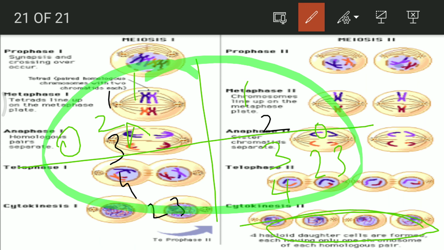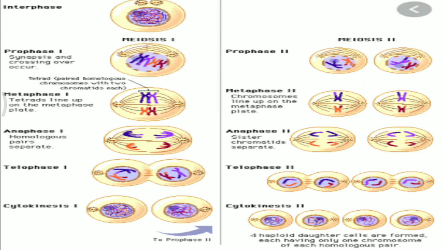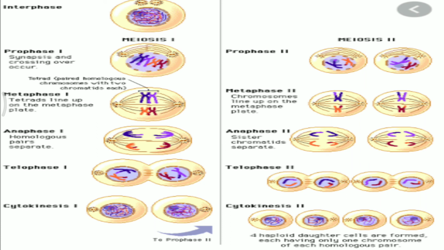Here it will be ending. Anyways, we'll be dealing with the metaphase part in the next video, but this is just a condensation of the entire thing which you all have to understand. You all need to go through the textbook once in order to understand it a little better, and if there is any doubt we can discuss it.